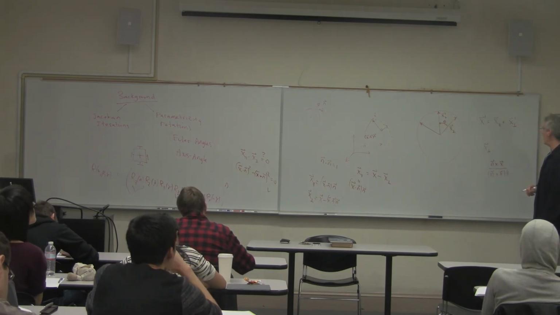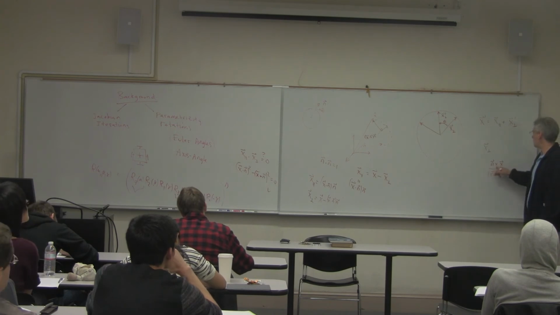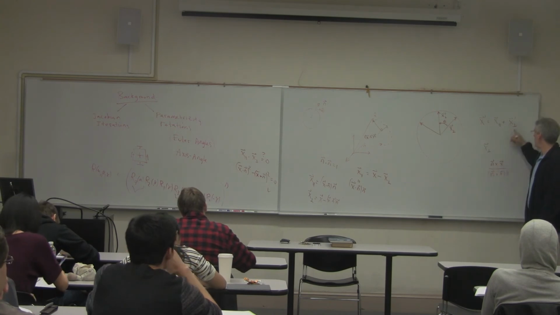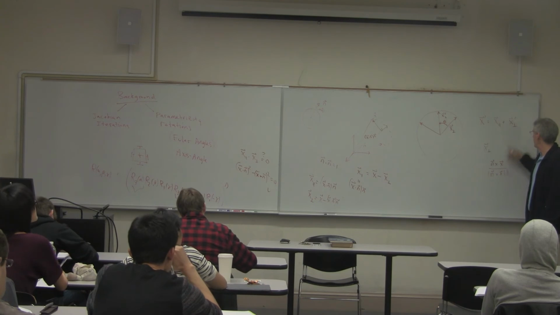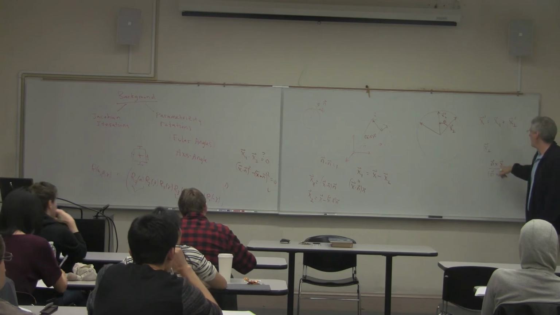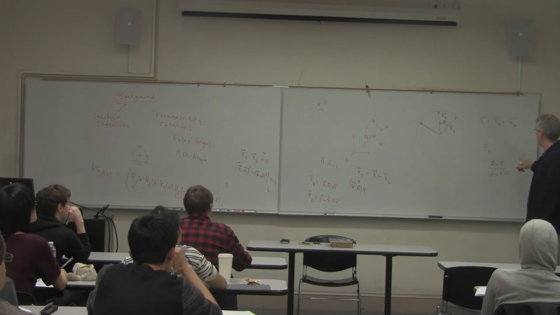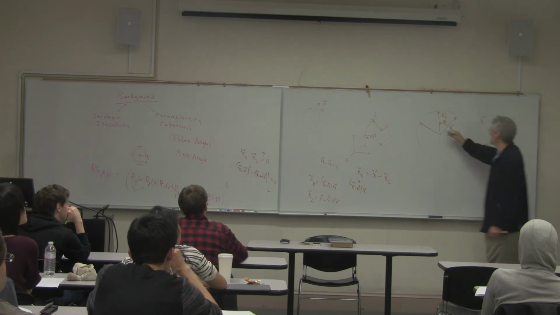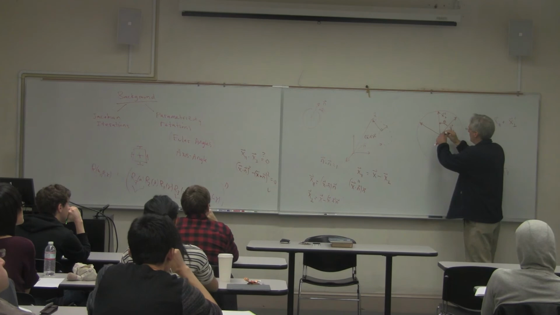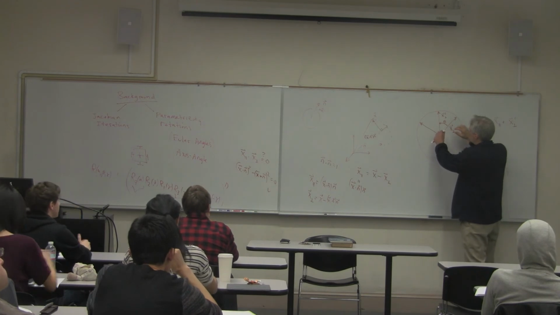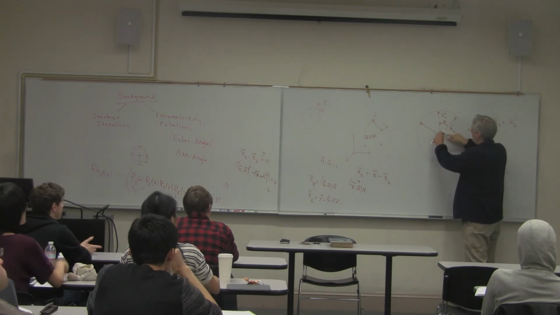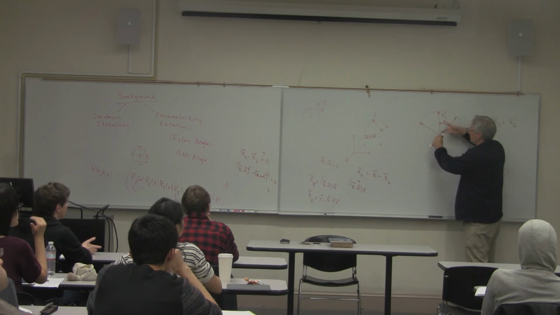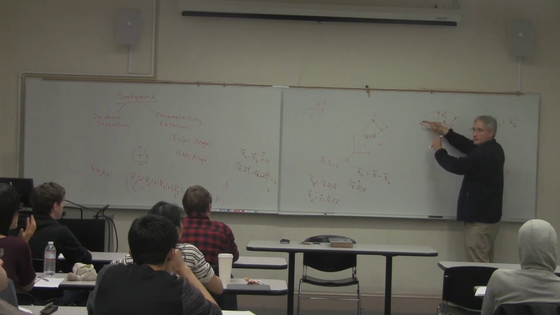Because I could have taken this as n cross x perpendicular. Wait a minute, let's see here. Yeah, right. So if n is coming out this way, then by the right-hand rule, n cross this is going to give me this. Okay?